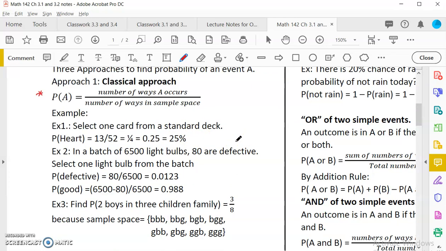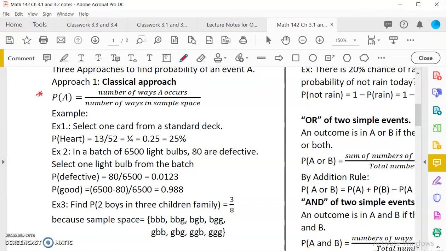For example, you select one card from a standard deck. You would look at the sample space as the standard deck. There are 52 cards, right? So I have 52, and then you want to have a card of hearts.